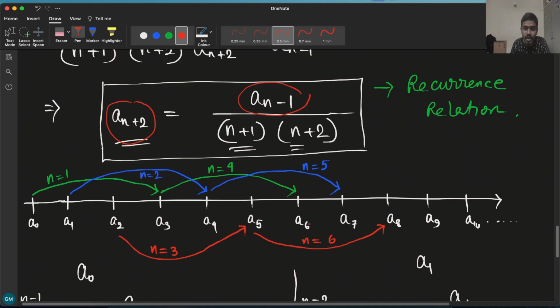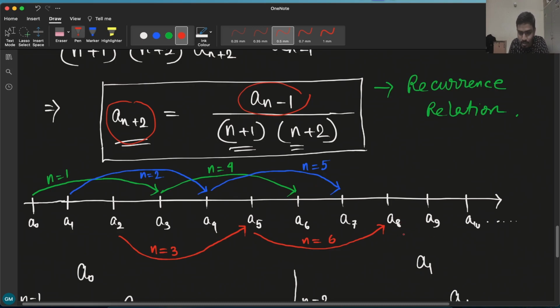That means A5 will be something multiplied with A2, so following the recurrence relation, A5 will also be 0. Similarly, A8 will be something multiplied with A5, and since A5 is 0, A8 is also 0.